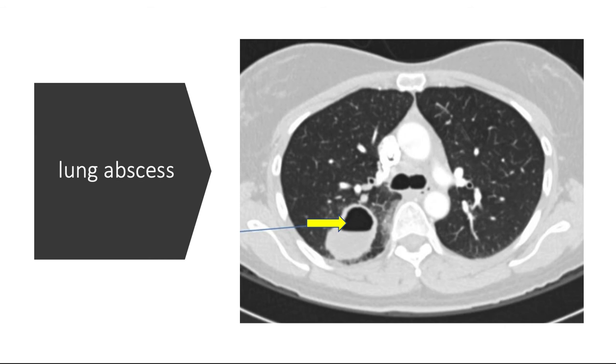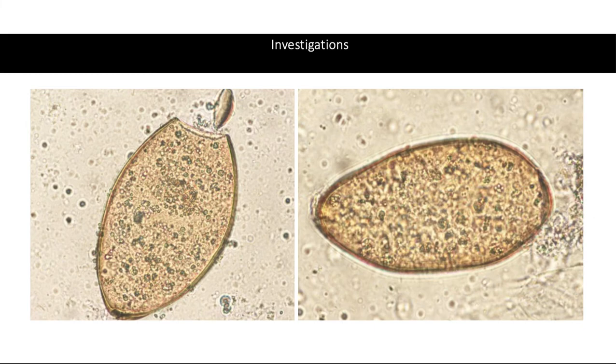A large bore chest drain was inserted with thick yellow fluid being drained from the pleural space. The pleural fluid pH was 6.9 and the fluid was sent for microbiological tests.